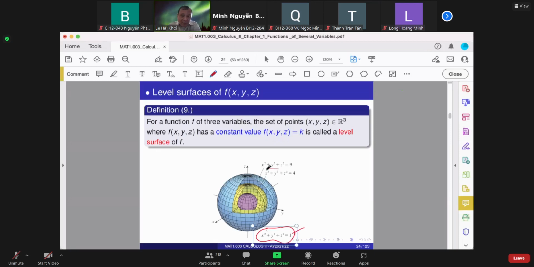Yellow is the set of points x, y, z for which f(x, y, z) is 4, which means you have a yellow surface, which is a sphere centered at 0 of radius 2, etc.